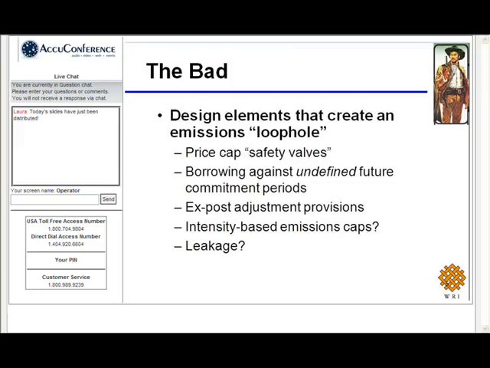The system with an intensity-based cap may have higher absolute emissions. The absolute emissions won't be fixed, but the linking of another system to that system won't exacerbate that increase in emissions. It won't add to it. So I put a line through that option just because it won't necessarily violate this overall principle of environmental integrity.